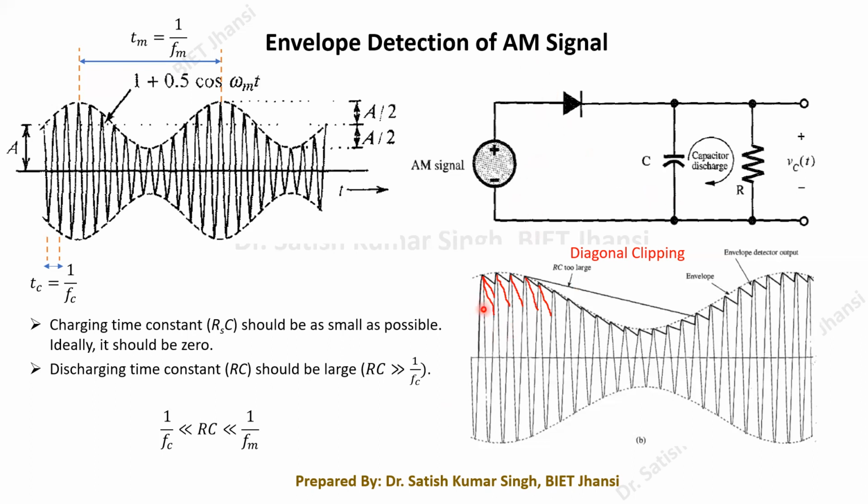So suppose it is charged up to this value; when one time constant completes, only 36.78% of its maximum value will remain. This is how we have defined our time constants. So when we consider 4 or 5 time constants, it means the charge on the capacitor will be completely discharged.